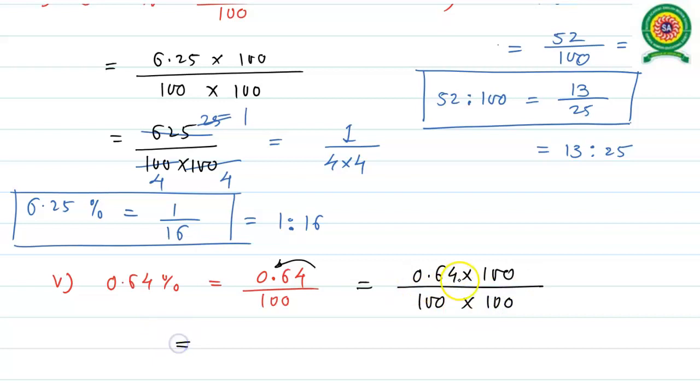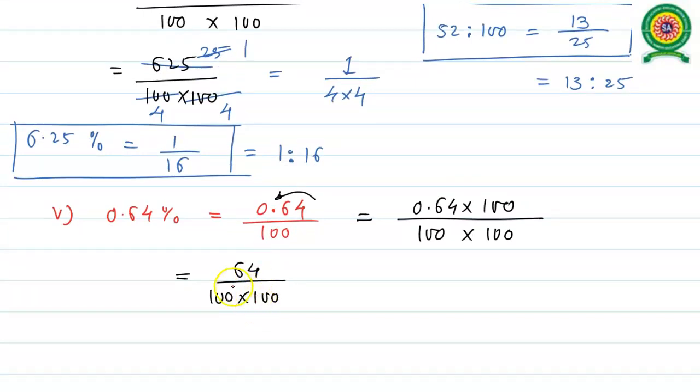We are getting 0.64 into 100 as 64.00, means we have 64, and divided by 100 into 100. Now use the property of divisibility to convert the given ratio into the least form. So now 16 fours are 64, and 25 fours are 100. Now again 4 fours are 16, and 25 fours are 100.